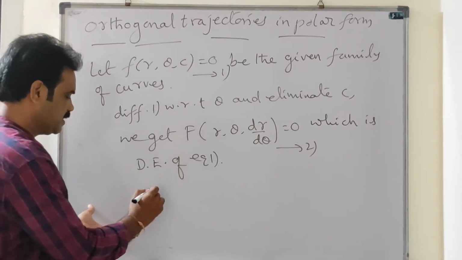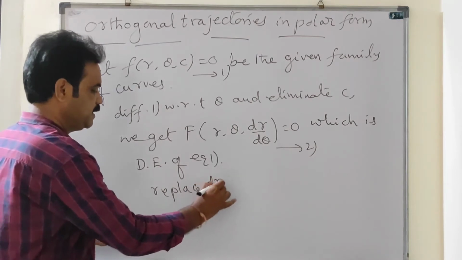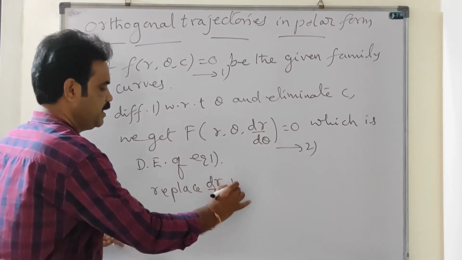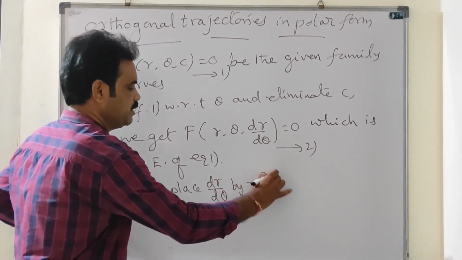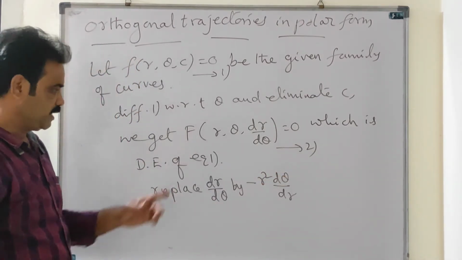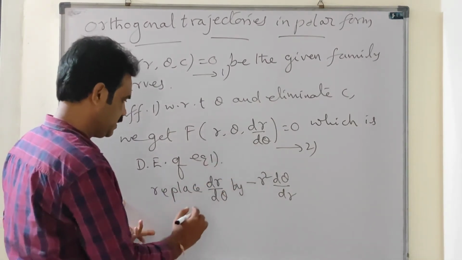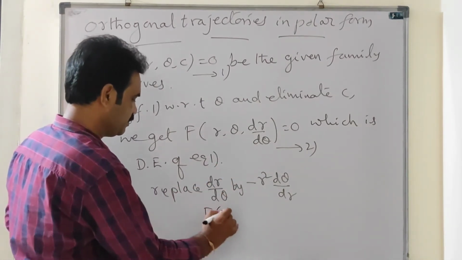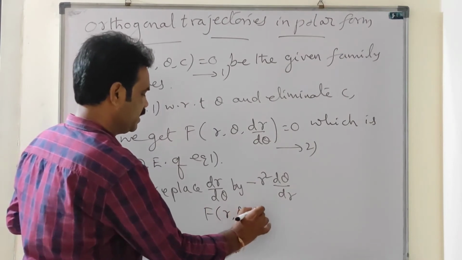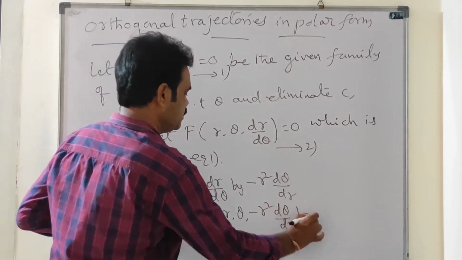Okay, now replace dr by d theta by minus r square d theta by dr. In equation 2, we get F of r, theta, minus r square d theta by dr is equal to 0.